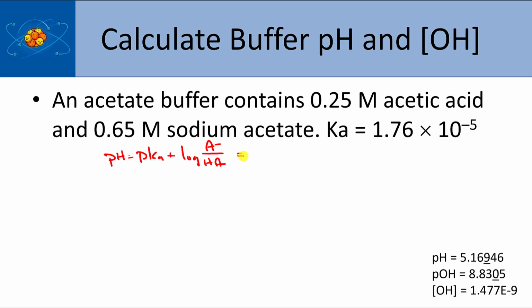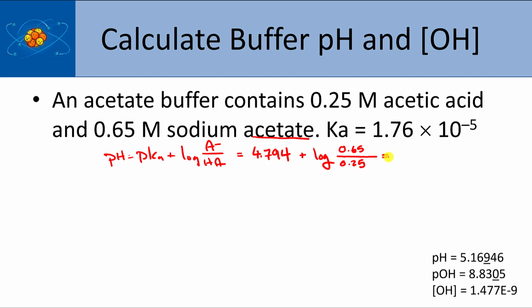So negative log of 1.76 times 10 to the minus 5 is 4.794, plus the log of, and again, this is the acetate, so this will be on top, 0.65 and 0.25.